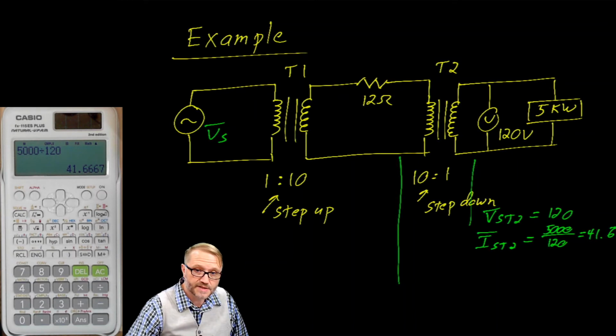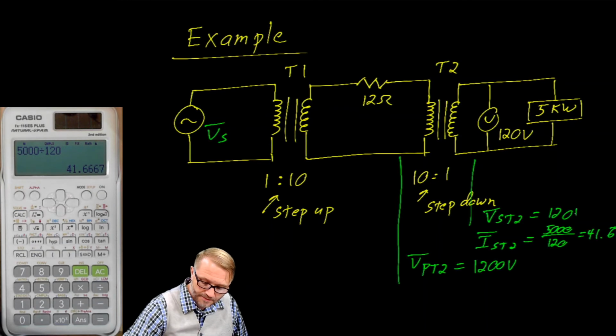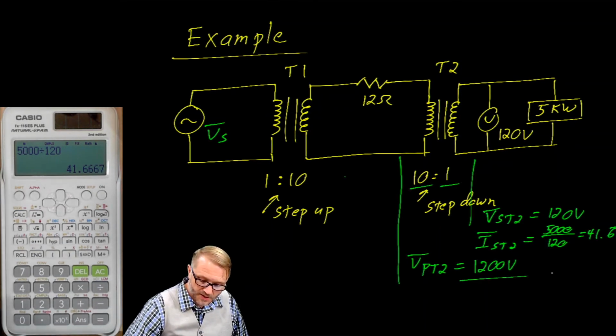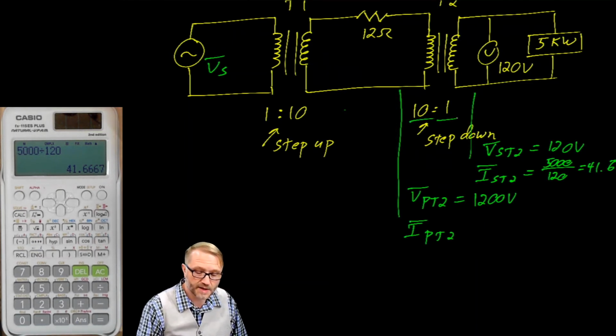And now you can move to this point. We know it's a 10 to 1, so our voltage on the primary of T2 is no longer 120, but it's going to be 1200 volts. That's the ratio. 10 is to 1, as 1200 is to 120. The current on the primary of T2 will also undergo a 10 to 1 transformation.